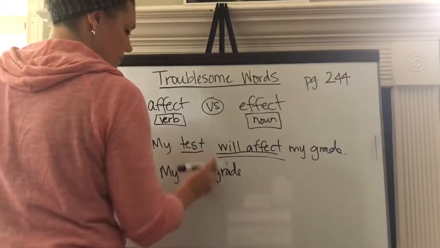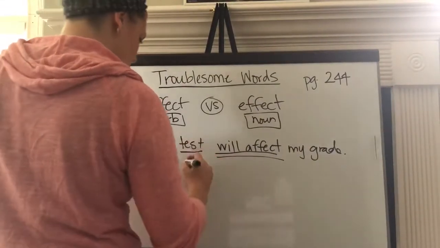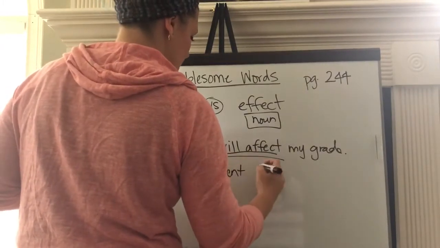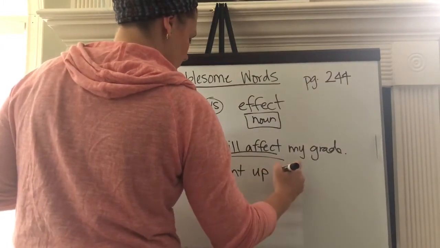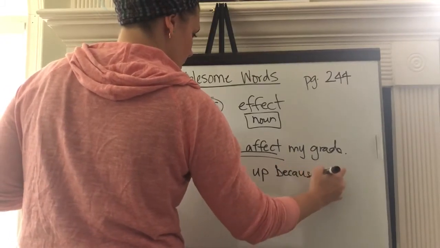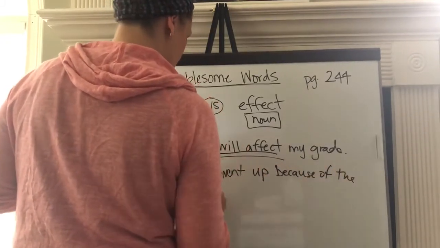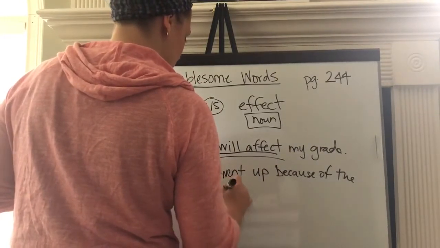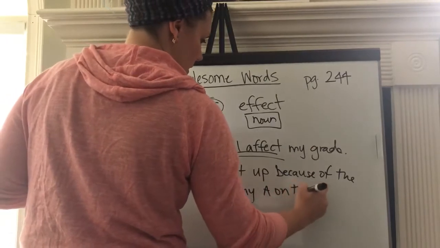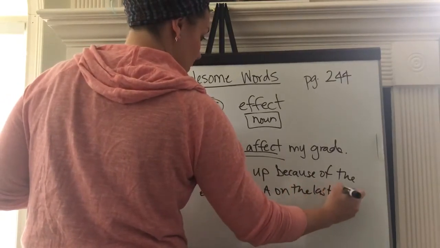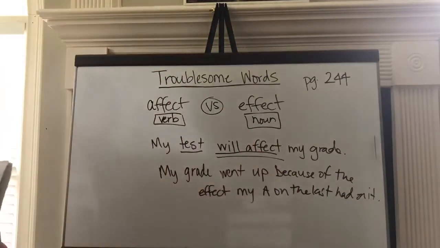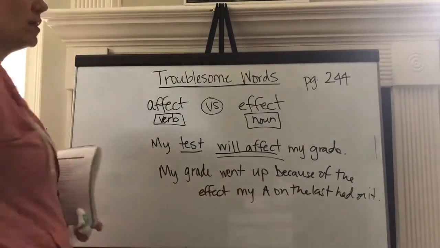My grade went up because of the effect my A on the last test had. Okay, my grade went up because of the effect my A on the last test had on it.